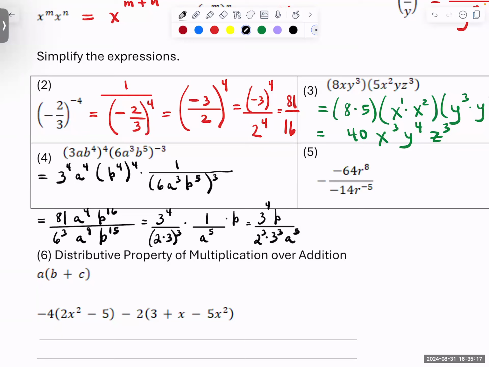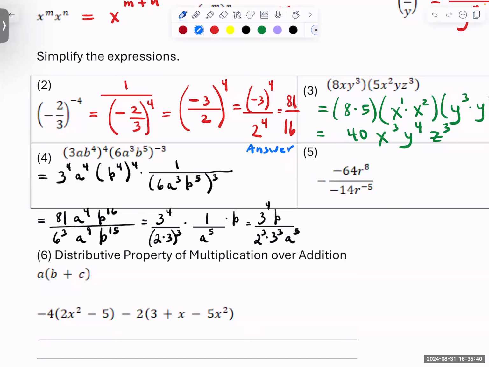Simplifying, let's put the answer in blue above. We're going to have 3 to the 4th, which is 81. B in the denominator. Let's reverse.